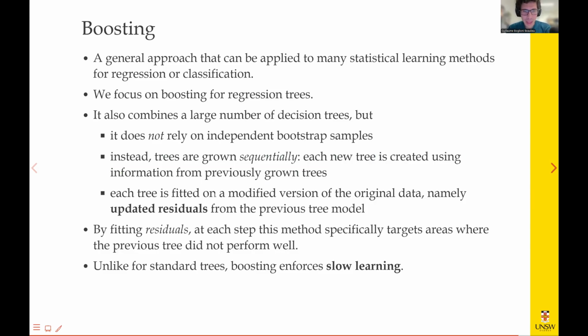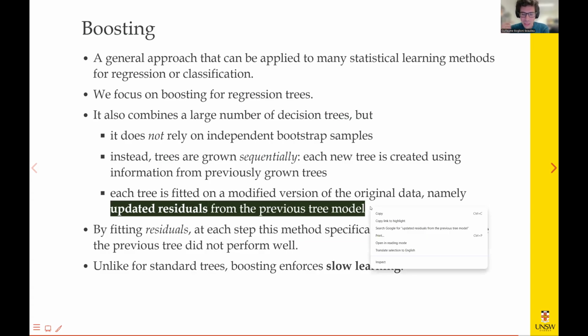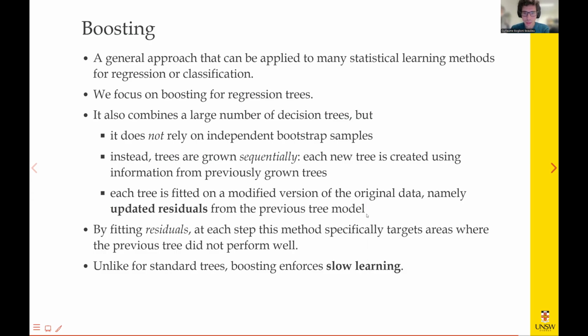Now, each tree is fitted on a modified version of the original data, namely the updated residuals from the previous model. So again, conceptually, at each step, we want to improve the residuals. So make the residuals have less and less patterns, which means that our prediction is better and better.